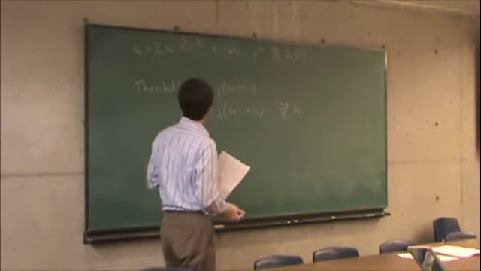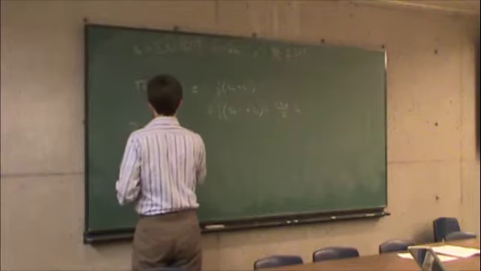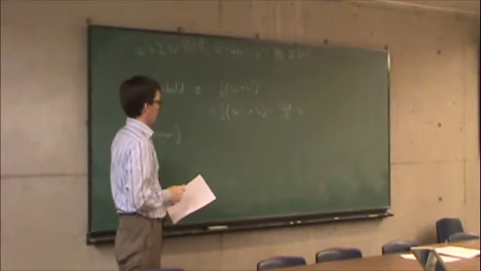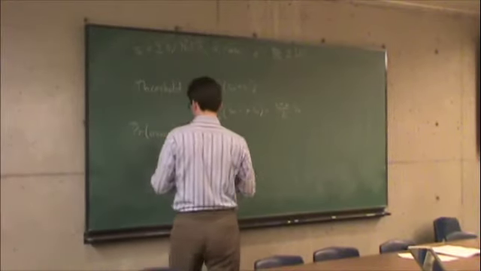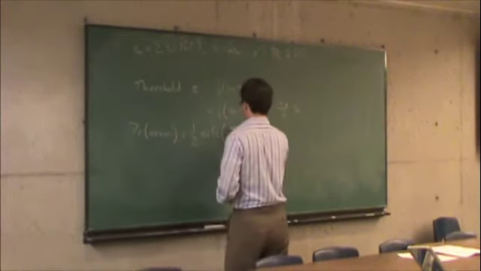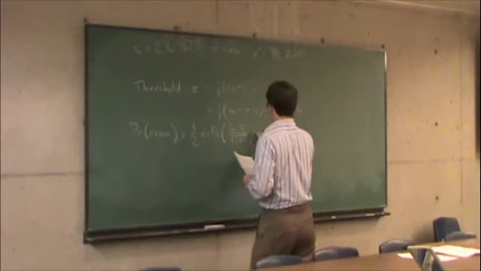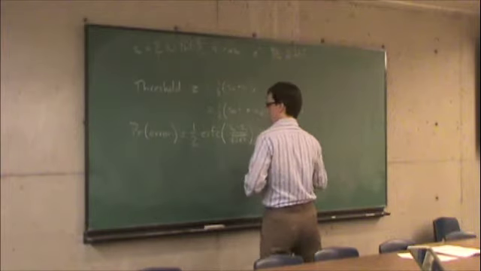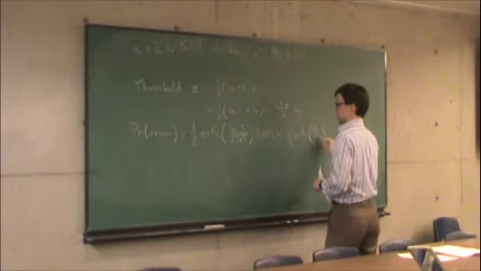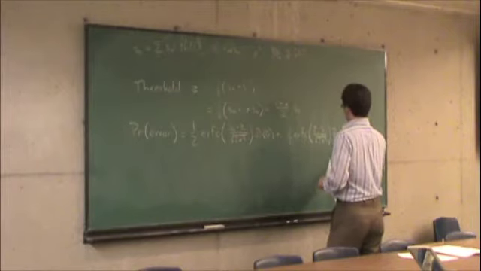Okay, now we're pretty much ready to go. So the probability of error, remember the expression I had from probably 3 or 4 classes ago, is 1/2 erfc of (S0 minus Z) over root 2 sigma squared, that's times the probability of 0, plus 1/2 erfc of (Z minus S1) over root 2 sigma squared, times the probability of 1.